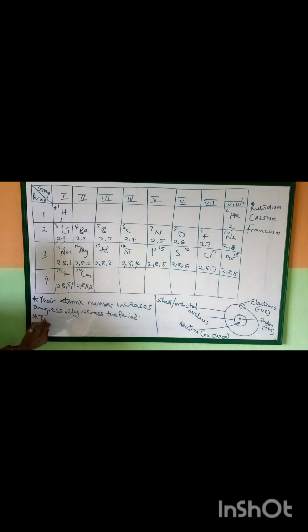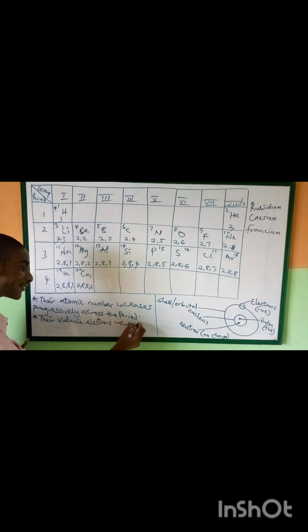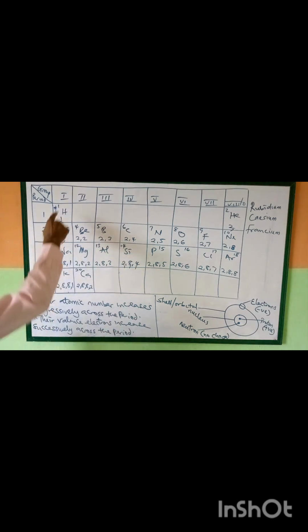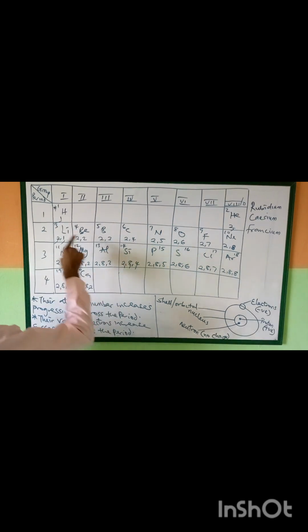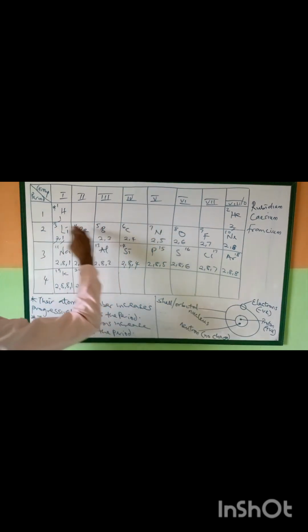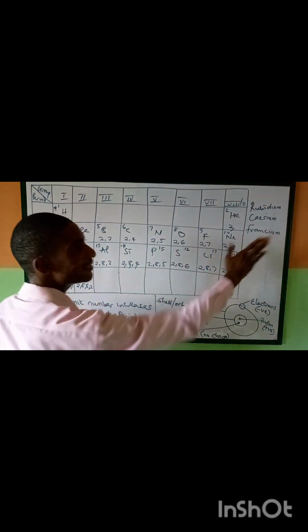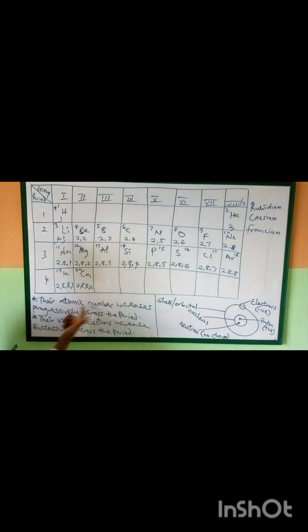Also, their valence electrons increase, let me use successively, across the period. What does that mean? So you remember I told you this number at the top is called atomic number. So here this is 3, 4, 5, 6. So the atomic number is increasing across the period. That is the meaning of this.